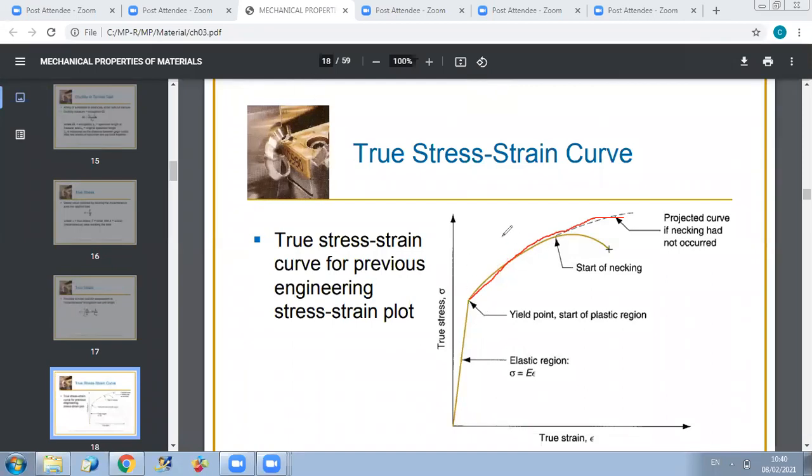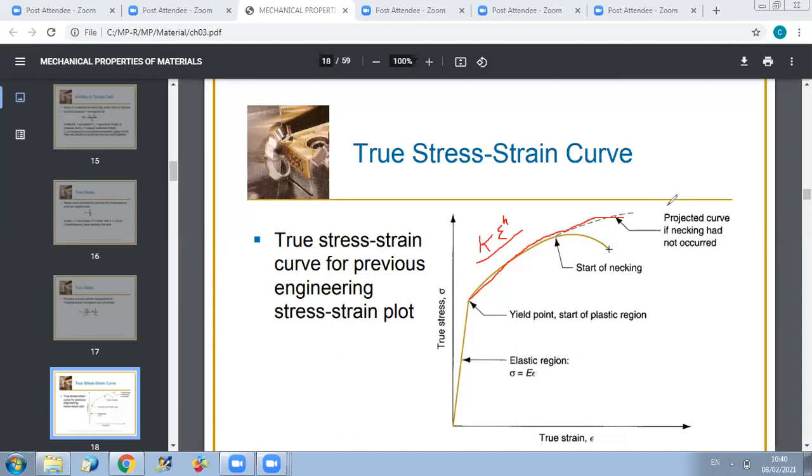So in this part, you can say I can define the equation as k times epsilon to the power n. Now, this is called the flow curve, okay? If I consider that I don't have necking and I draw it for true strain after the necking zone, I will have what is called the flow curve.